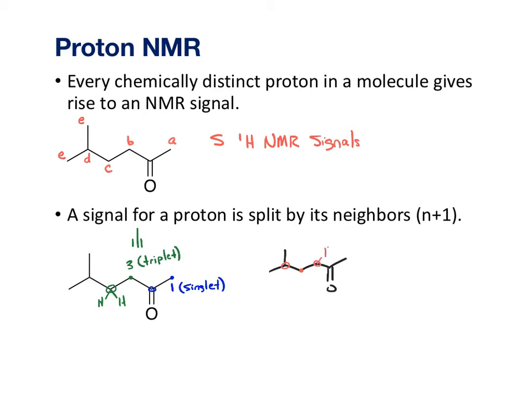The neighbor on the right has 2 hydrogen. The neighbor on the left has 1 hydrogen. So the total number of neighbors is 3. 3 plus 1 is 4. That's a quartet. A quartet looks kind of like that.